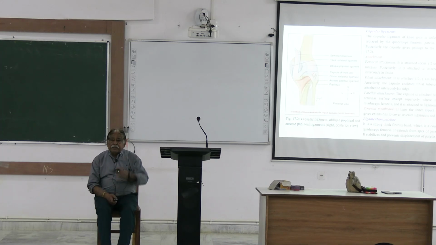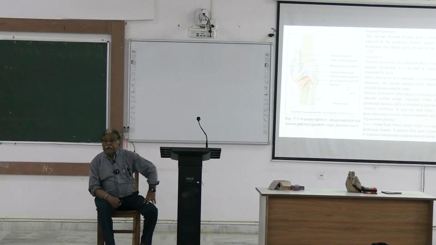See lower limbs, all the movements in the hip joint: flexion, extension, abduction, adduction, rotation. These you have to know, and the components making up this joint you have to know.